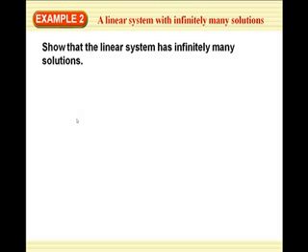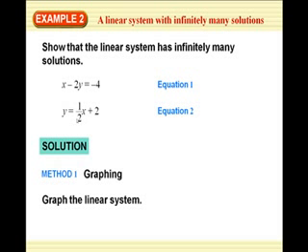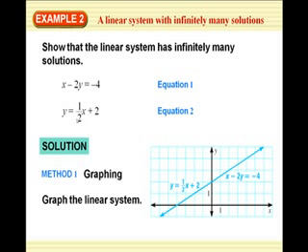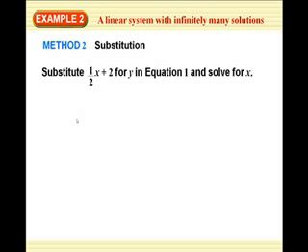So then consequently, many solutions are systems that have the same equation. So check these out. You get ready to graph, and when you make this graph, you find out they're the same line. They run right on top of each other. So it's where they cross. Since they cross at many points, then we say many solutions.